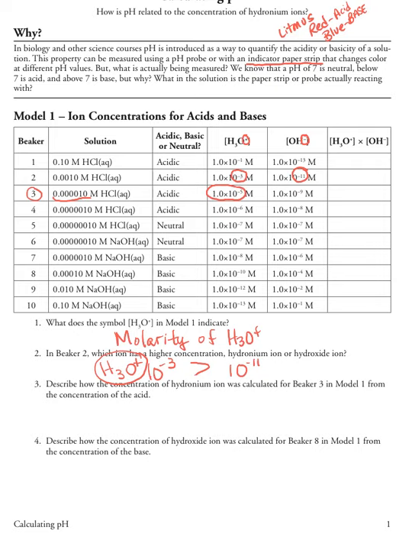Well, if you're smarter than the average bear, which I believe all of you are, you recognize that those two numbers are exactly the same. So the concentration of H3O plus is the same as the molarity of the acid.